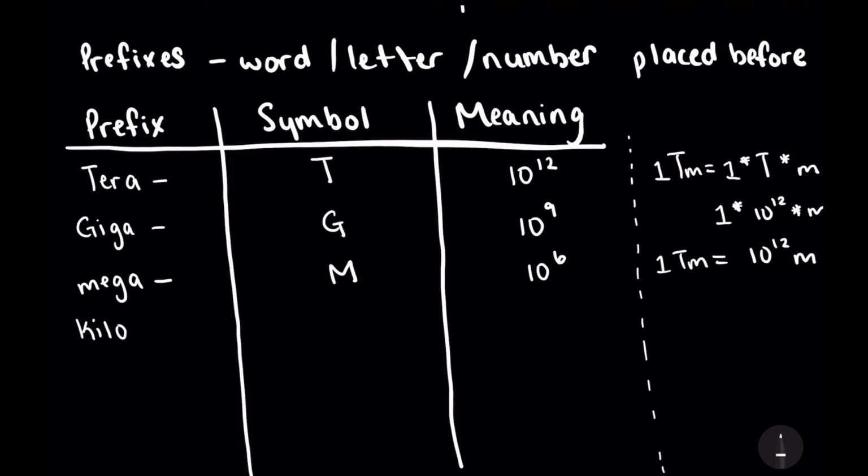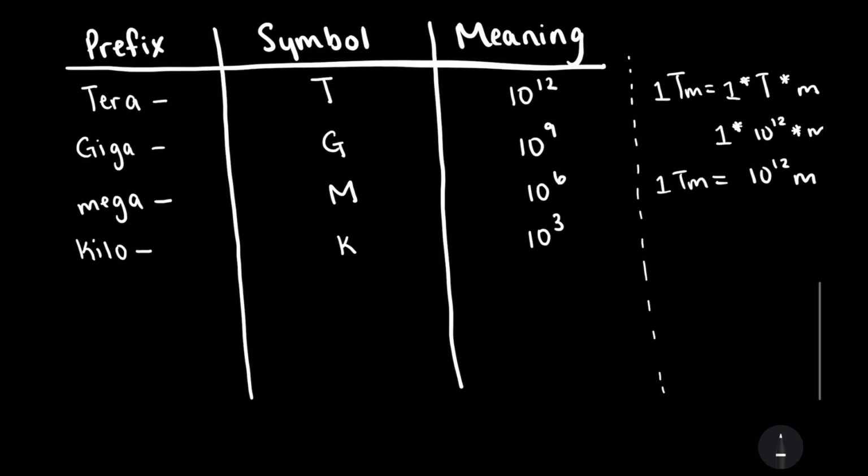Kilo, which is another common one, we had just mentioned it just above. It's a common K, and it represents 10 to the 3. Deca, which you won't necessarily see as often, but just as an important note, it's represented by DA, common D, common A, and it means 10 to the 1.